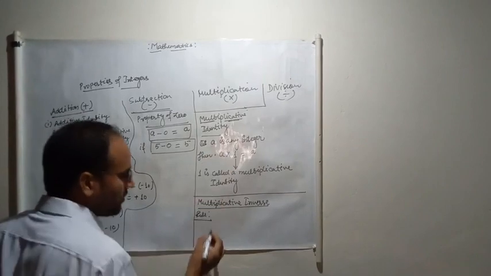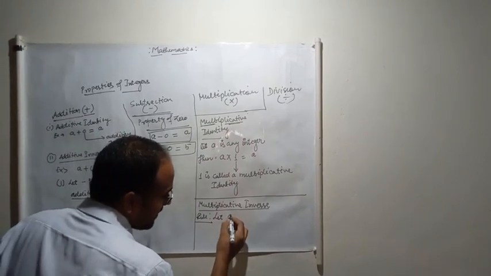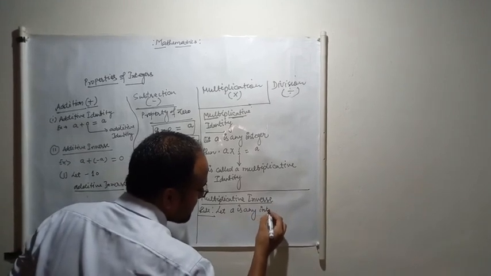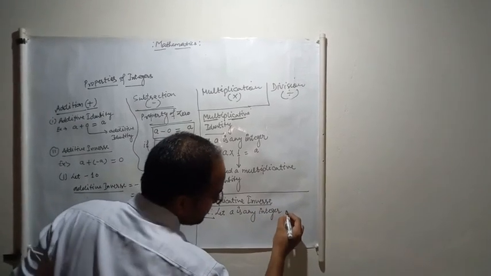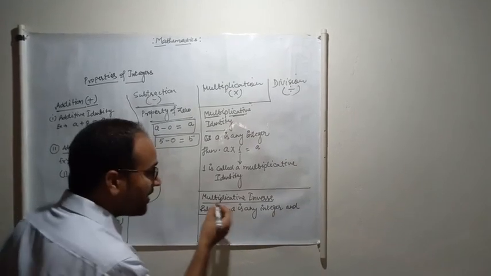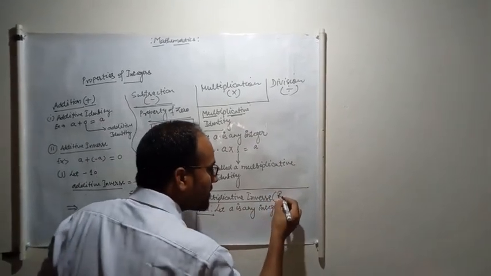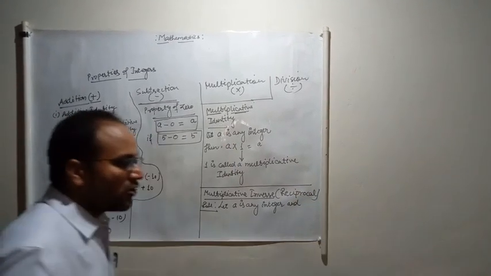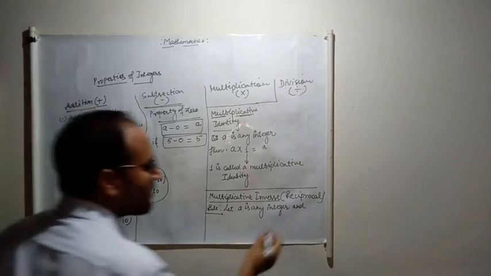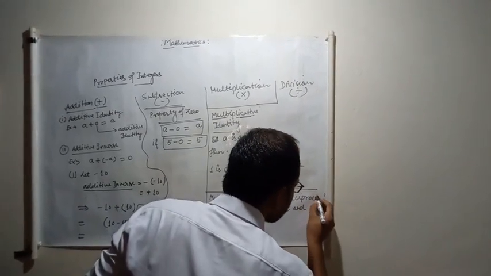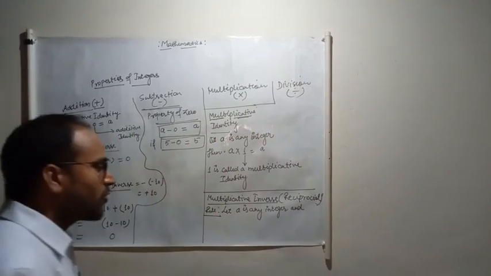That rule is, let A be any integer and its multiplicative inverse. Another name for the multiplicative inverse is the reciprocal. It is called a reciprocal.